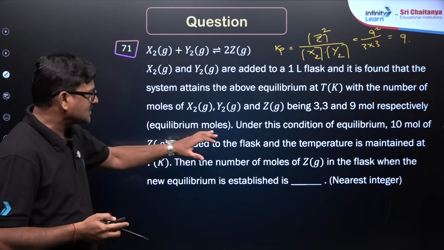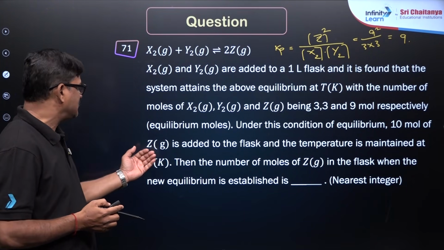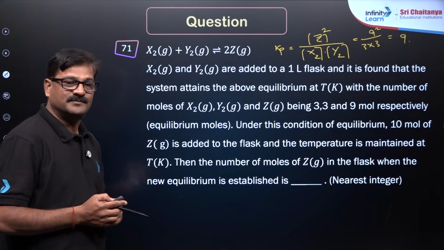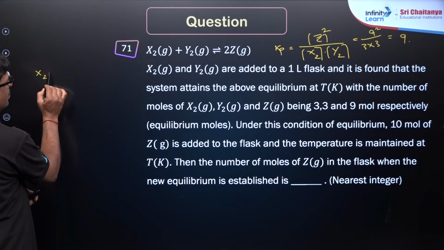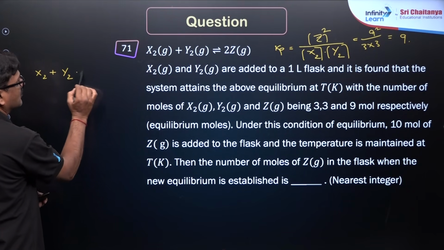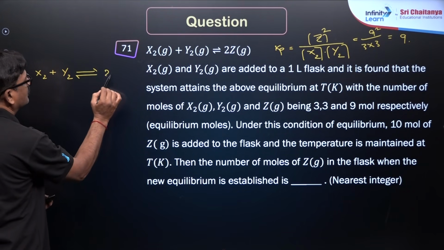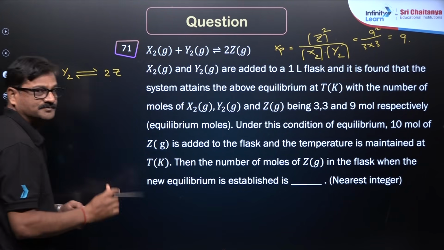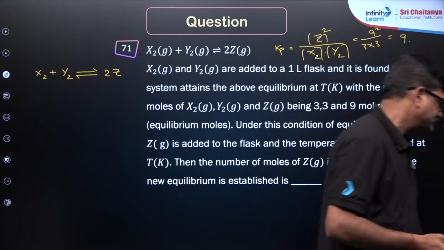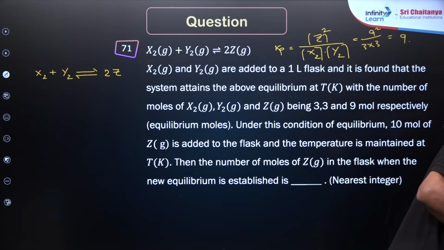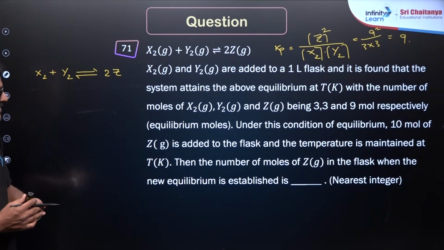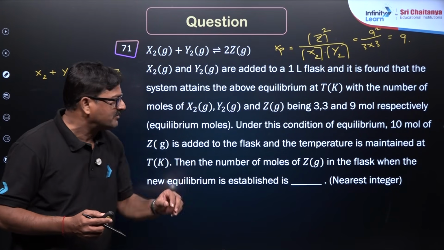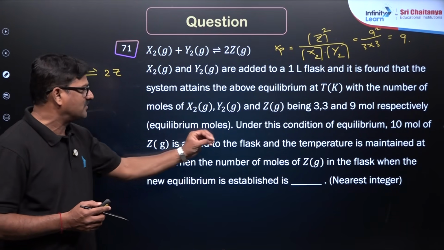Now, under this condition, at equilibrium 10 mole of Z are added to the flask. What would happen to this X2 plus Y2 gives rise to Z? So the equilibrium is saying under these conditions 10 mole of Z is added to the flask.